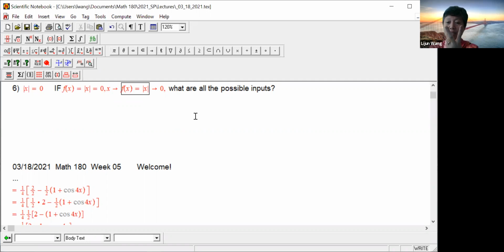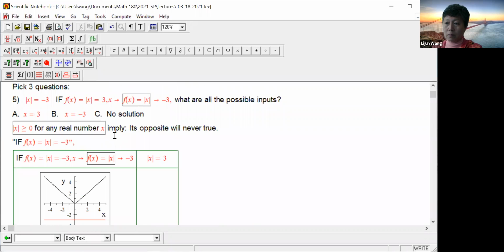There are 2 kinds of sentences in mathematics. You just have to learn to use these 2 sentences and embed them in your thinking. Do you follow me? So if the output is 0, is there then an input for it?